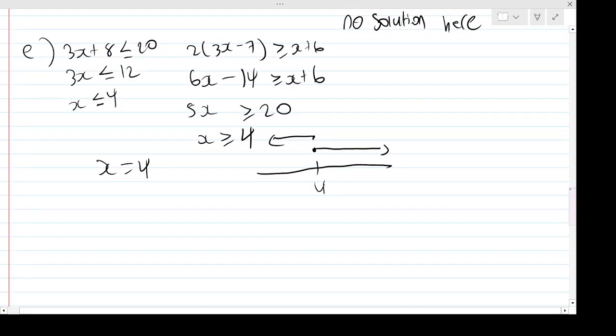Because x has to be less than or equal to 4 and greater than or equal to 4, the only thing that fits into both of these is equal to 4, right? So there we are, and then as a set, we can write this as the set of values of x such that x equals 4.